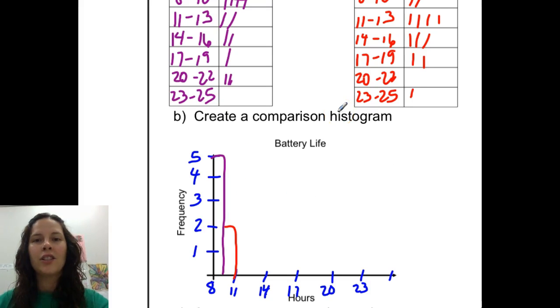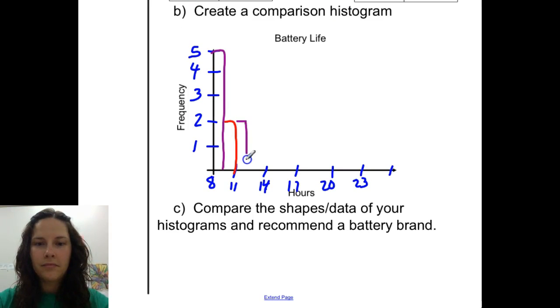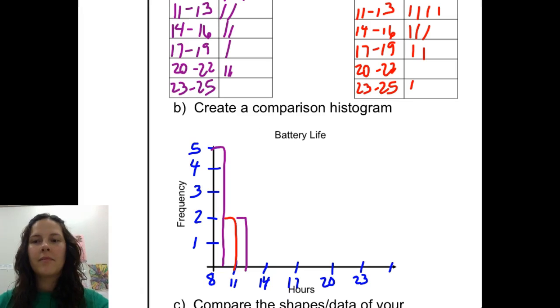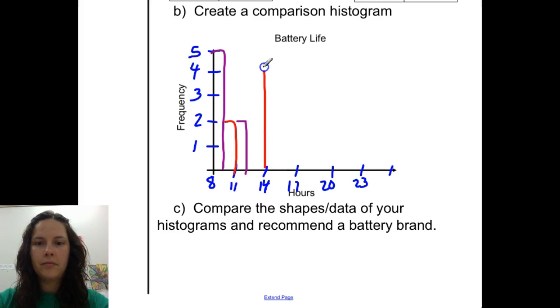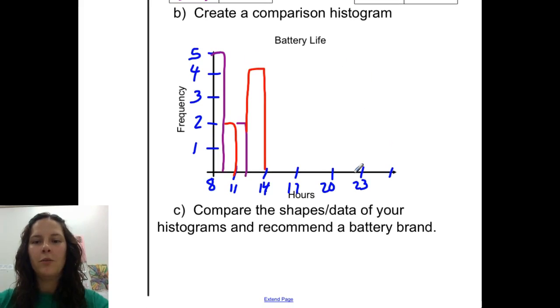The 11 to 13 range, we had a tally of 2 for brand 1. And we had a tally of 4 for brand 2. Our next interval, we had a tally of 2 for brand 1.